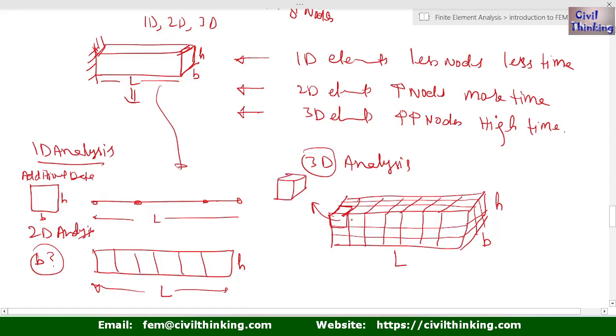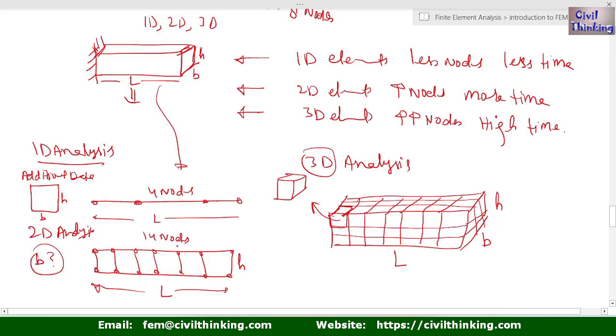Of course here, see, 1, 2, 3 and 4, we have 4 nodes here, right? Now let's count the number of nodes here. 1, 2, 3, 4, 5, 6, 7, 8, 9, 10, 11, 12, 13 and 14 nodes here, right? So we see only 4 nodes in one and 14 nodes in the other.